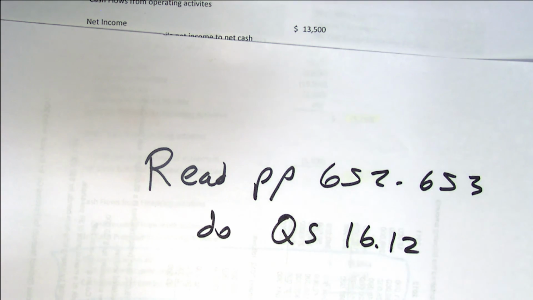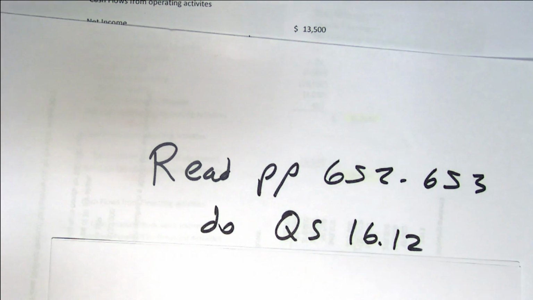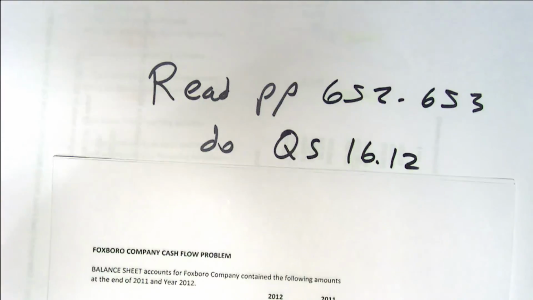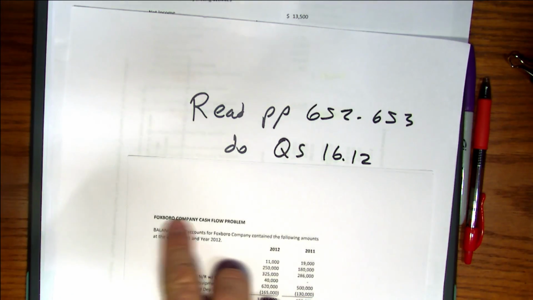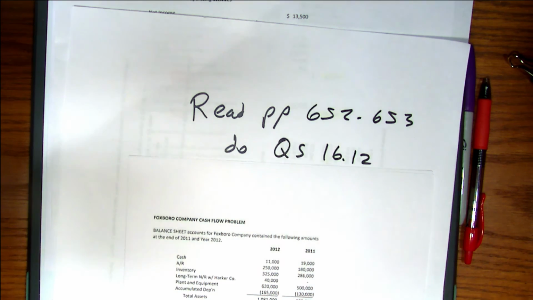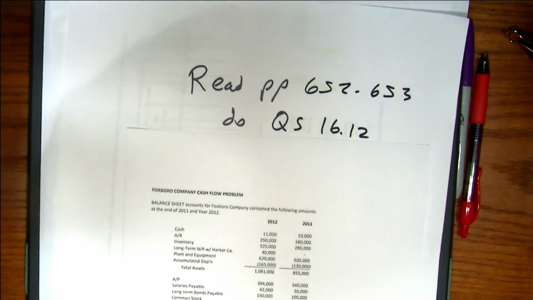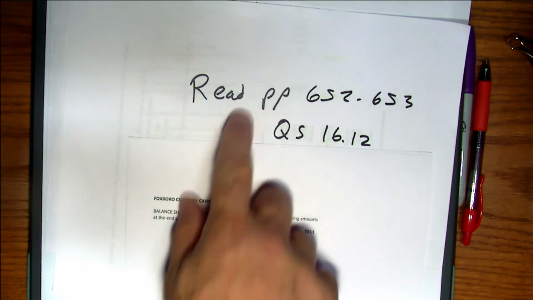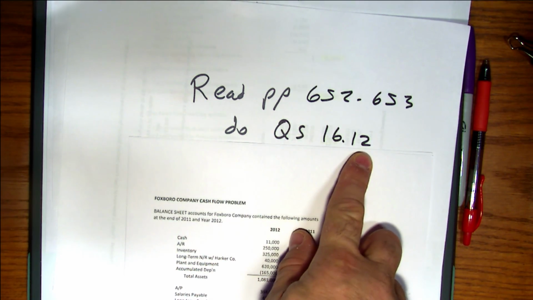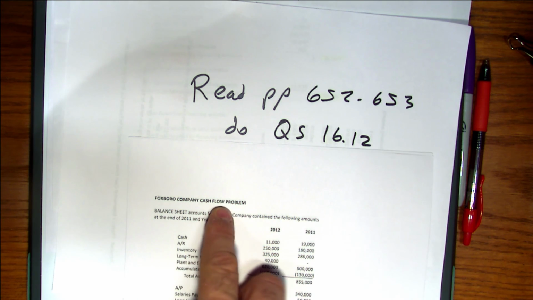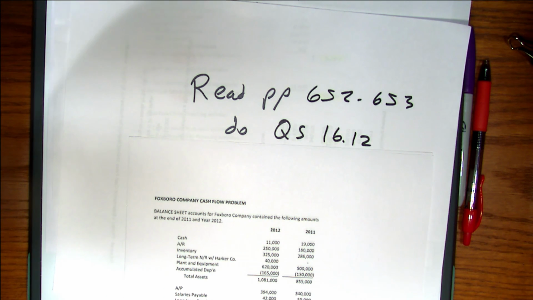Now I also want you to do something else. I'll hand this out to you guys after the cameras are done. I want you to do the complete Foxborough Company cash flow problem. This is another complete cash flow statement. They're getting progressively more challenging. Okay? So, read those pages, do that quick study, do your complete Foxborough cash flow problem, and then we will start chapter 17 next period, all right?